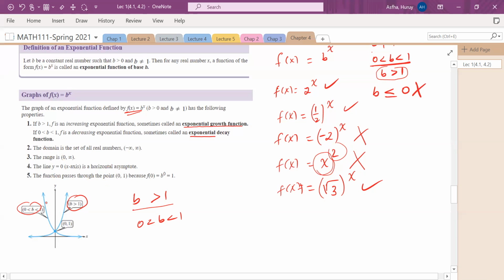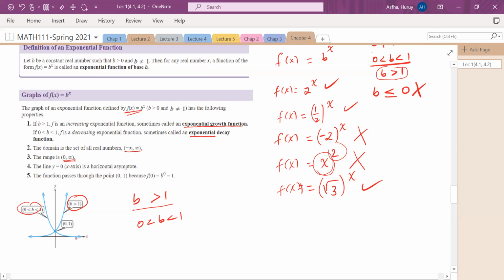And the domain of any exponential function is the whole set of real numbers, and the range is from 0 to infinity. Okay, because both of these graphs never touch the x-axis. They get closer and closer and closer, and they never touch the x-axis. Therefore, the range is always above 0.